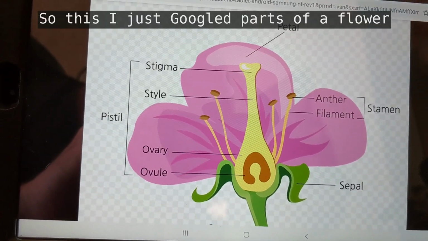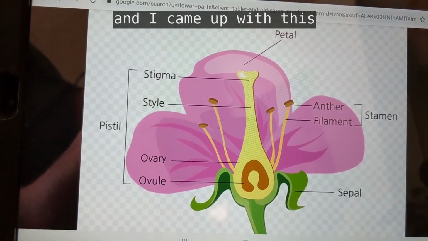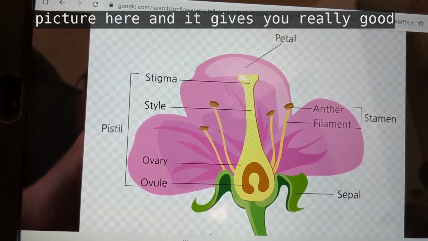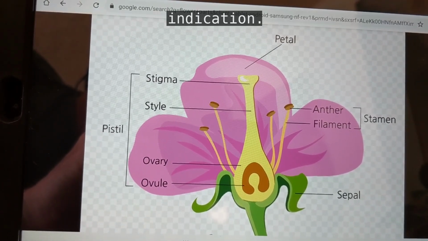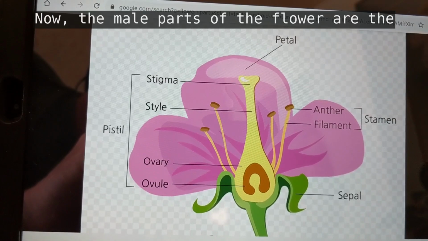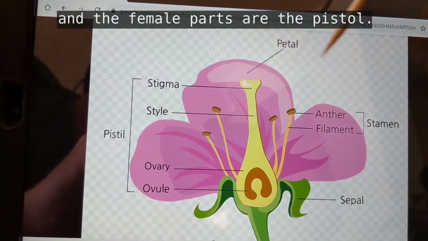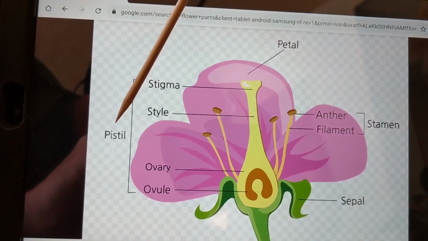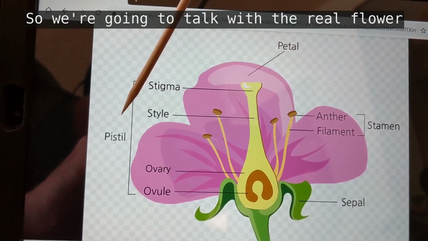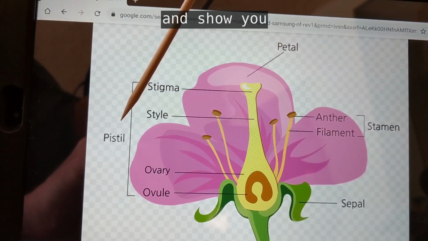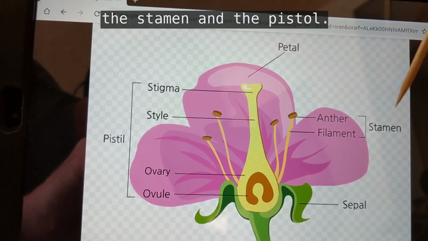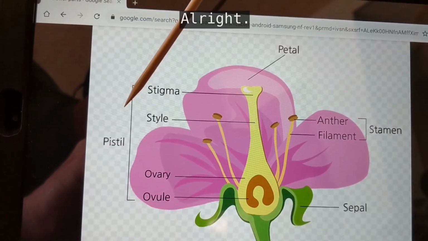I just Googled parts of a flower and I came up with this picture here, and it gives you a really good indication. Now, the male parts of the flower are the stamen and the female parts are the pistil. So we're going to use the real flower and show you the stamen and the pistil. All right?